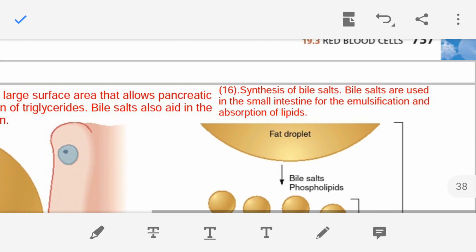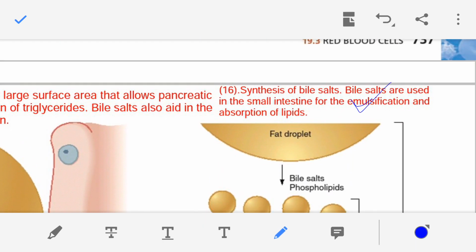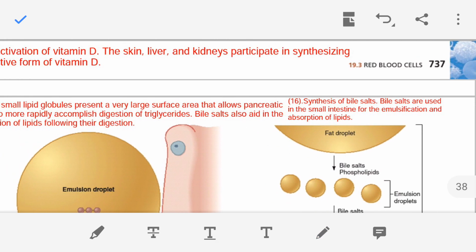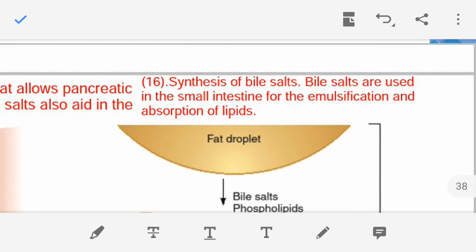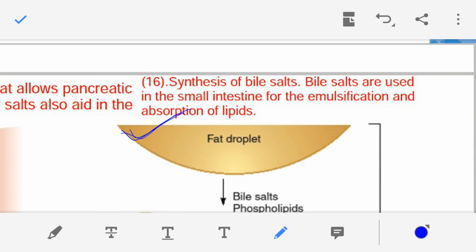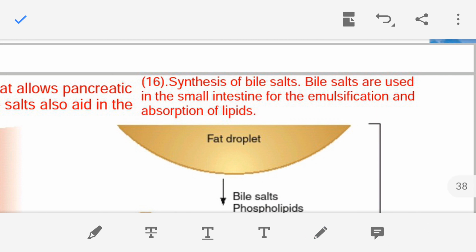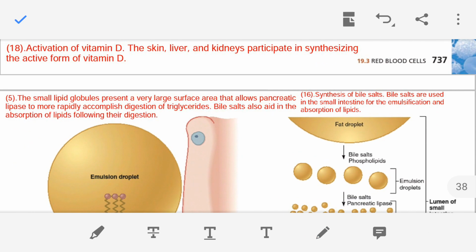So bile salts are involved in the emulsification, that is the first process of lipid digestion, and the bile salts are also involved in the absorption process of the lipid. Point number 16.